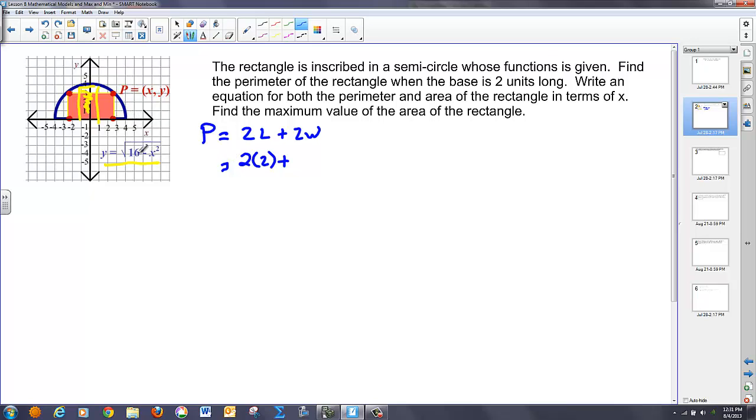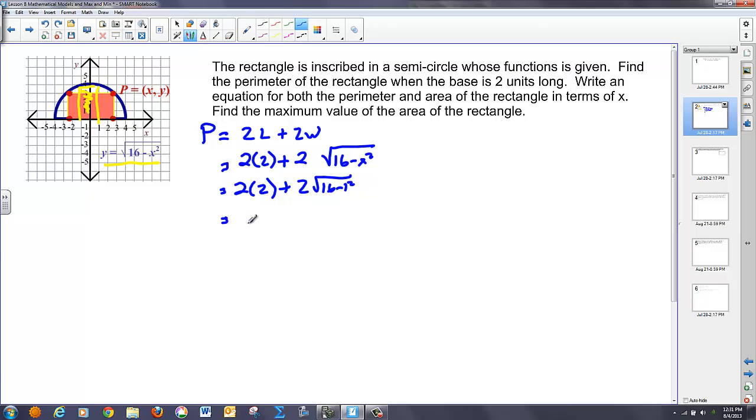But the height we just said was described by 2 times the root of 16 minus x squared. And in this case, that height is given by the y value at x equals 1. So that's 2 times 2 plus 2 roots of 16 minus 1 squared, or 15.